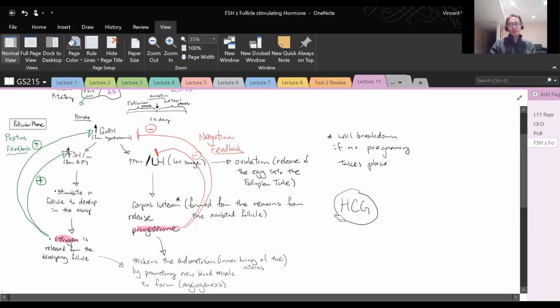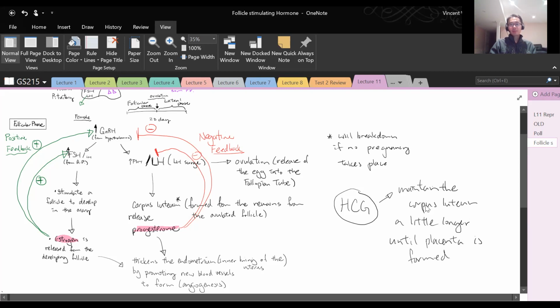But HCG will be present only if you are pregnant, right? Okay, and that will maintain the corpus luteum a little longer until the placenta is formed.